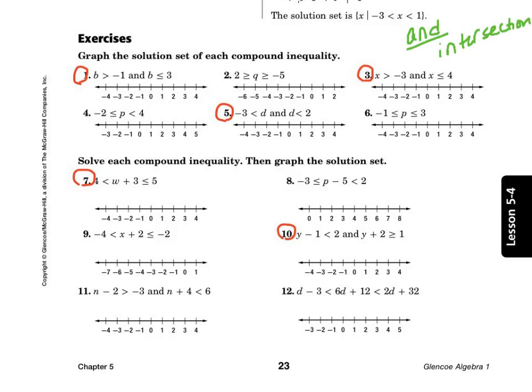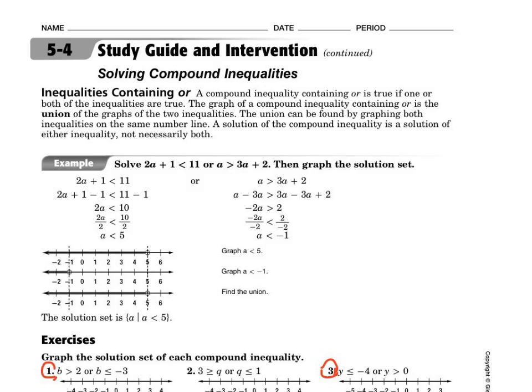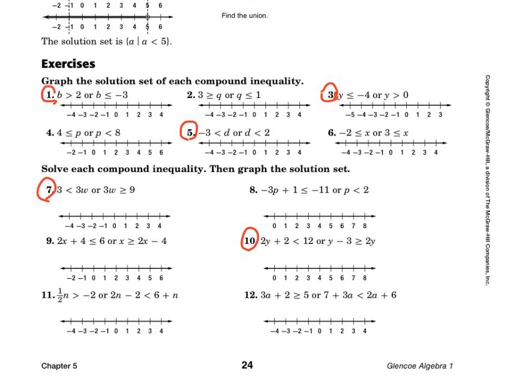And then solve 7 and 10. And on this page, these are all or unions, where you graph everything. I want you to graph 1, 3, and 5, and then solve 7 and 10. Okay? We will work on this tomorrow, so be ready for any questions that you might have. We can go over the examples together.